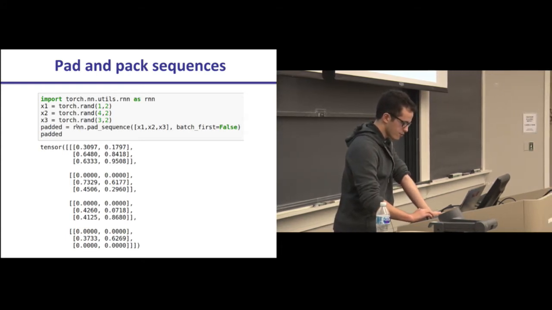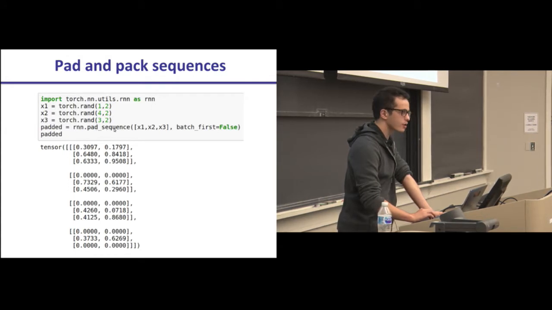So that's how you pad a sequence. That's not a specific type at all. It's just you get a tensor with zeros in it. So you give it a list of sequences of variable length. Here the lengths are 1, 4, and 3.